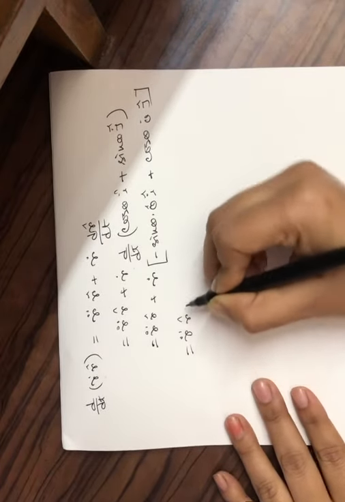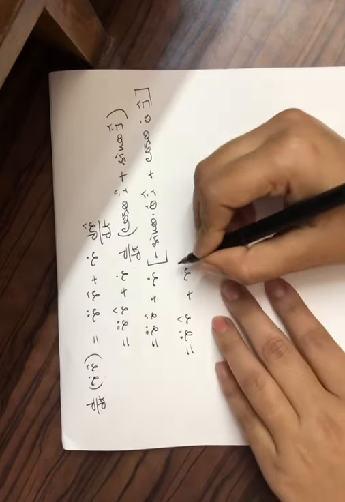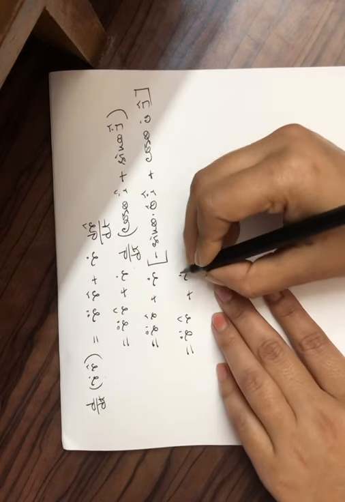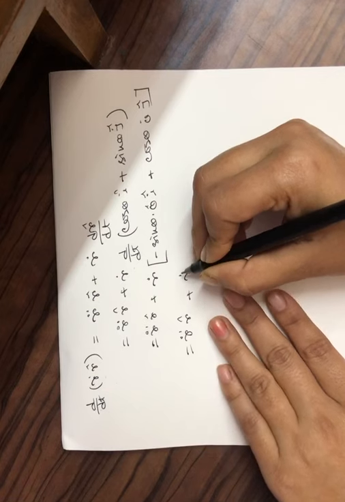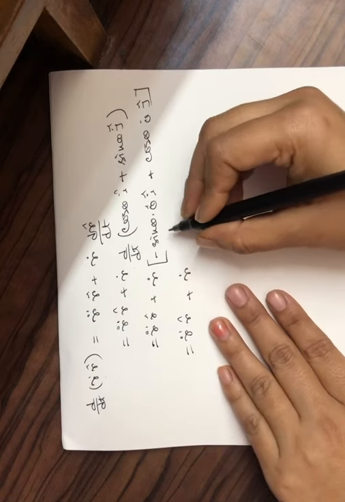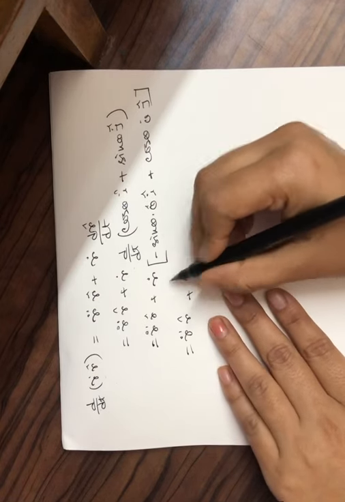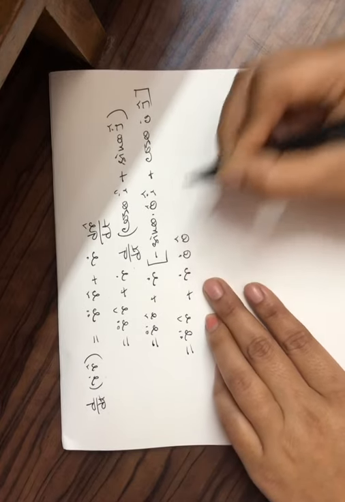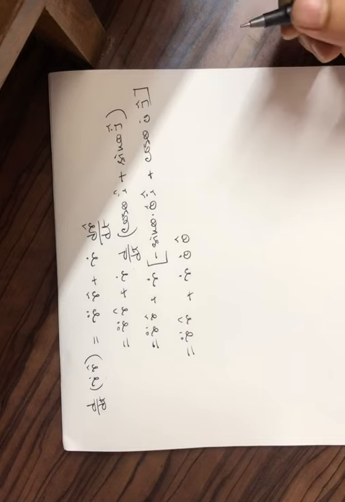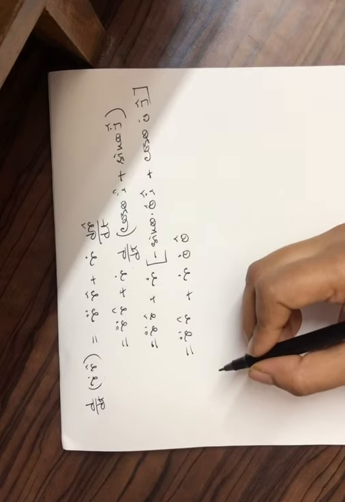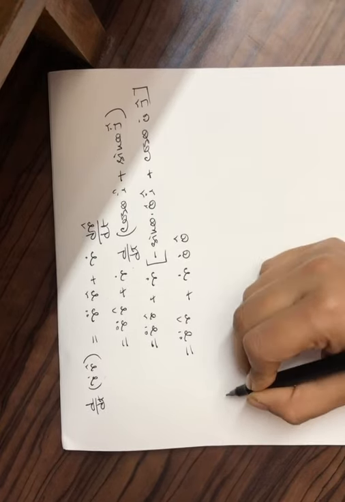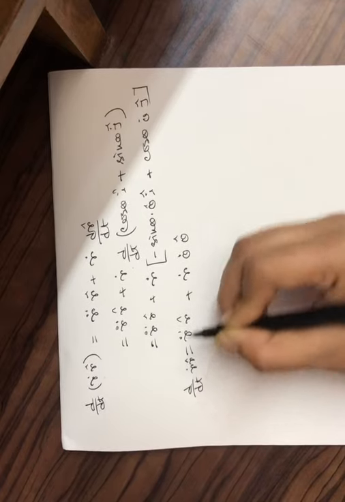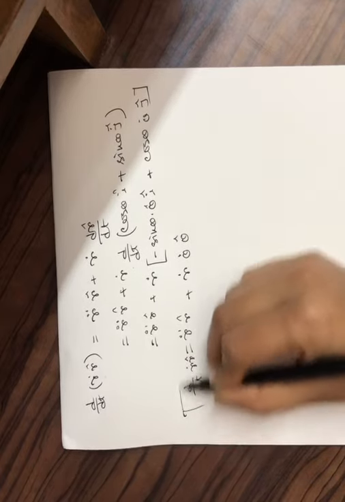Here r dot is common, so we have theta dot theta cap, and so d by dt of r dot r cap is this.